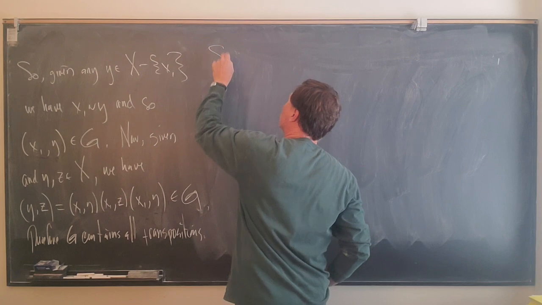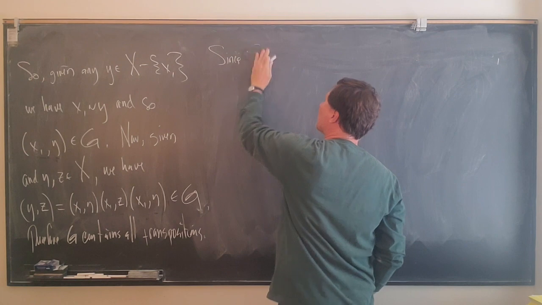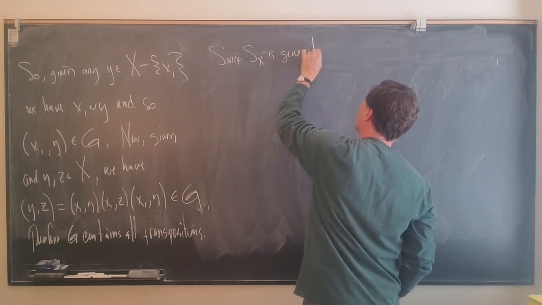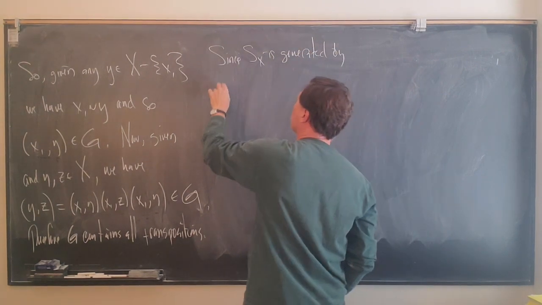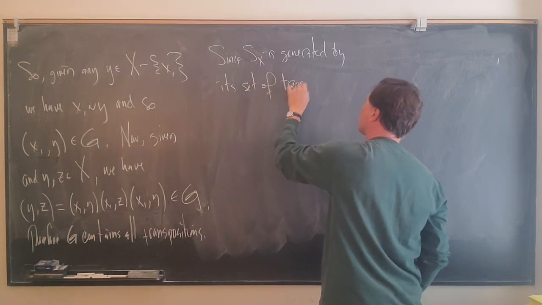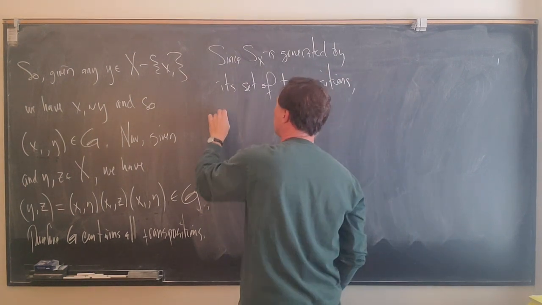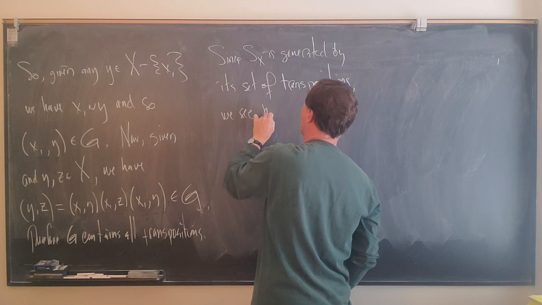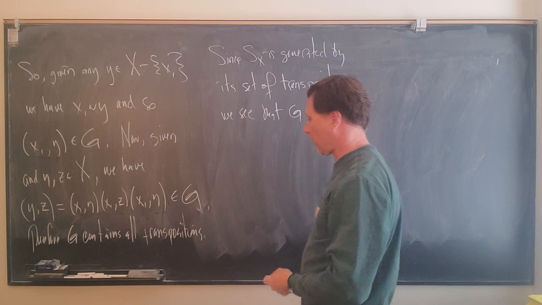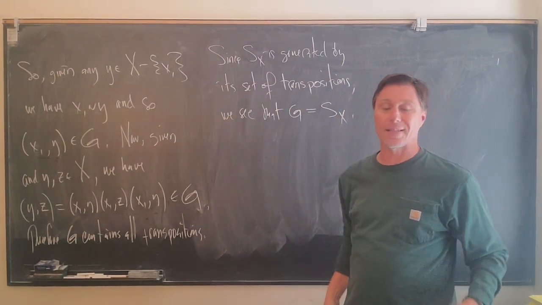So since S of x is generated by its set of transpositions, we see that G is equal to S of x, right? If all the transpositions are sitting inside G, that means it generates, it fills out the entire group.